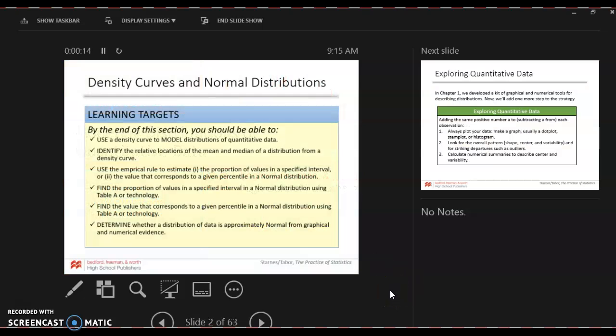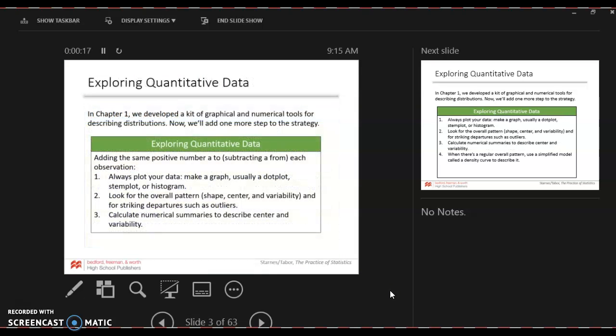Here's some learning targets. This PowerPoint is posted as well. So we're still talking about quantitative data. We probably won't go back to categorical data this semester until we review for the final exam. So we're focused here on quantitative data.